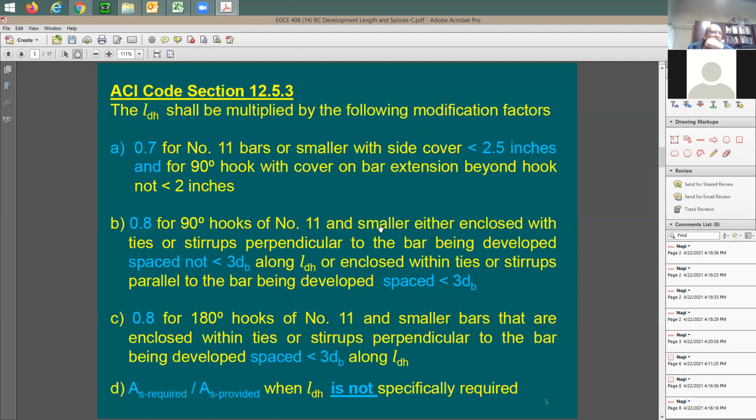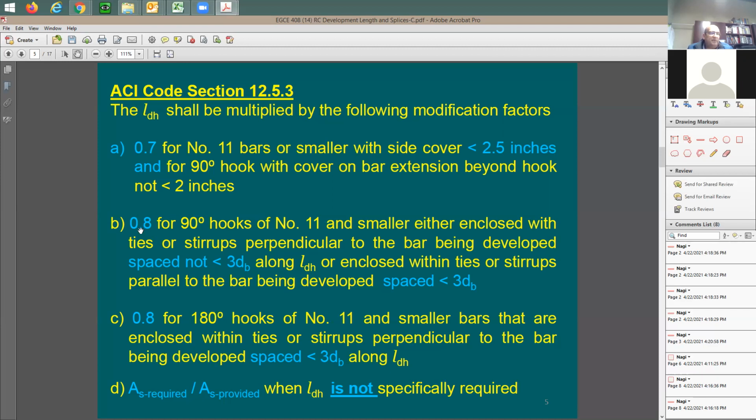The first multiplier is equal to 0.7, and this happens when you have number 11 rebars or smaller, which most likely are all the rebars that we use, when the side cover is not smaller than 2.5 inches, and for a 90-degree hook with cover on the bar extension beyond the hook not less than 2 inches. We're going to see some examples just to make it simple for us.